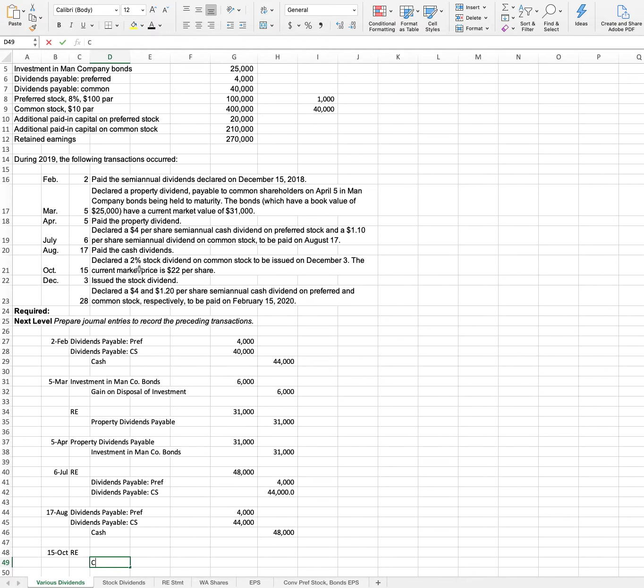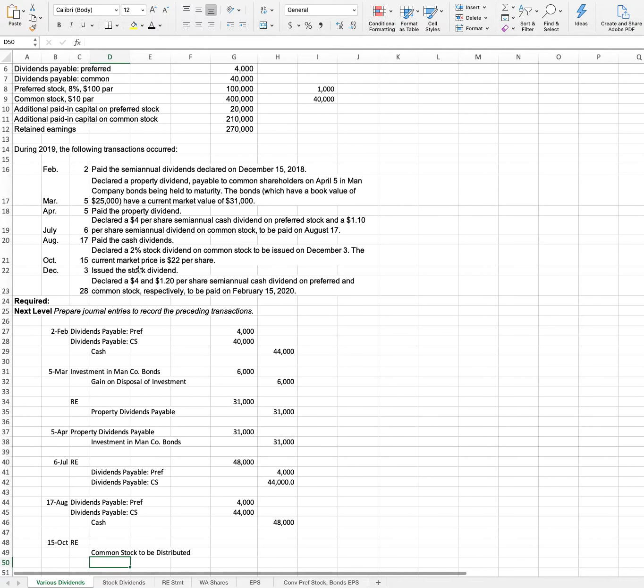We're going to be crediting common stock to be distributed, and that'll be calculated at par. And then we're also going to have the APIC from stock dividend for that excess because they're telling us the market price is $22 per share.